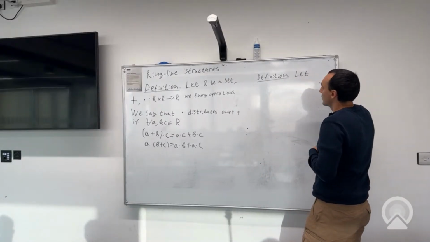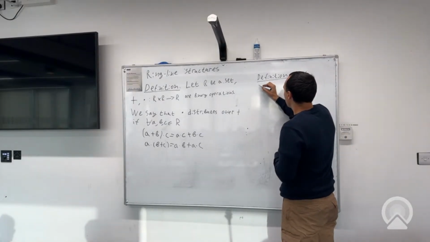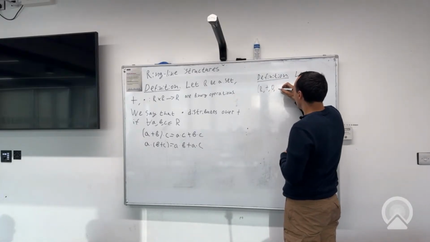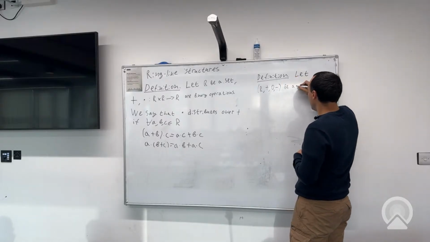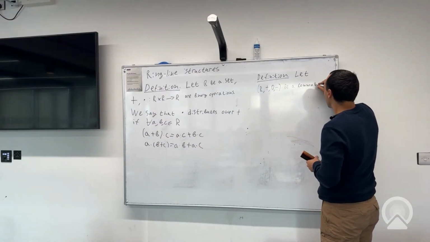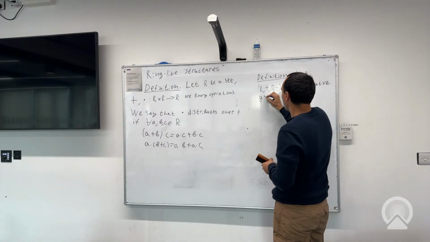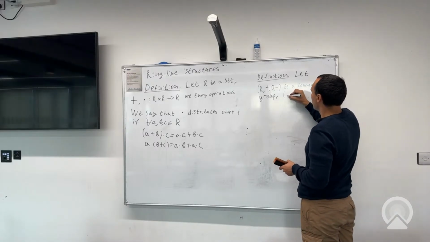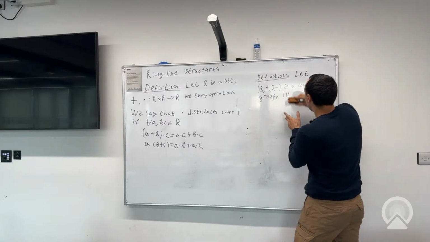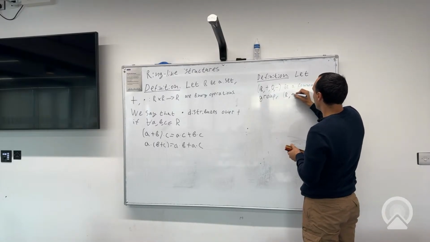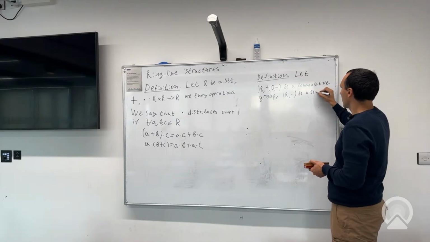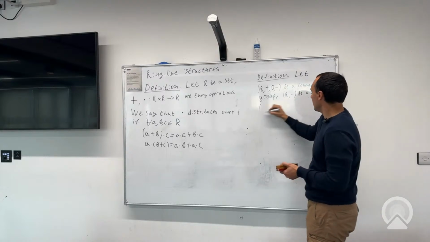Let R with plus, zero, minus B be a commutative group. Multiplication is a semigroup, which means that it is associative.